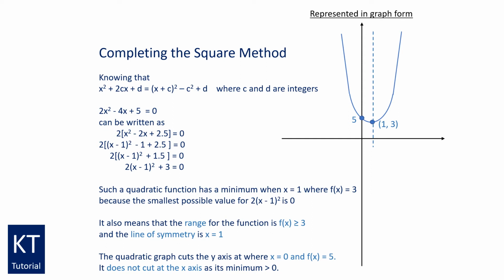The quadratic graph cuts the y-axis where x equals 0, and this gives f(x) as 5. For this specific graph, it does not cut the x-axis, as its minimum is larger than 0.